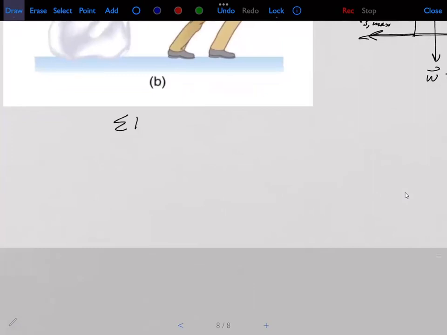So I have the sum of the forces in the y equals may. I want the y component of F prime plus the y component of the normal force plus the y component of the weight plus the y component of Fs max. That's equal to may.